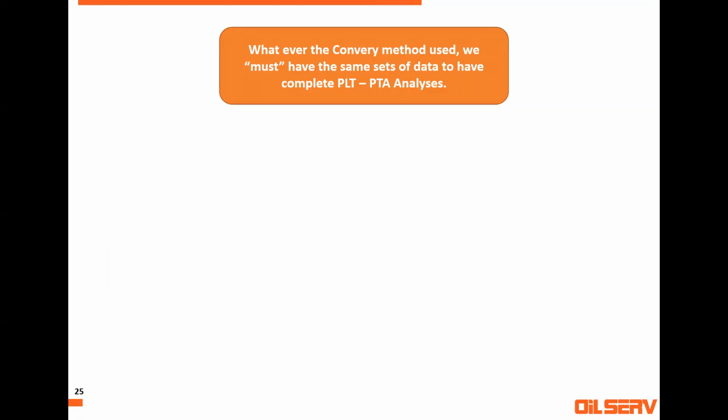There are two data sets, one for PLT and one to be used for pressure transient analysis. As interpreter, I don't care how they convey this tool. I want my PLT dataset and I want my PTA dataset.